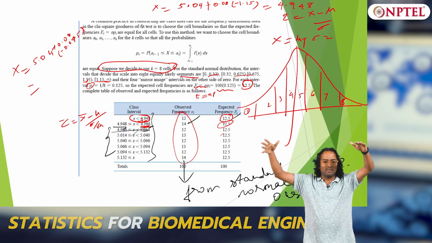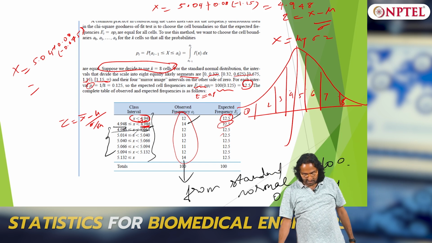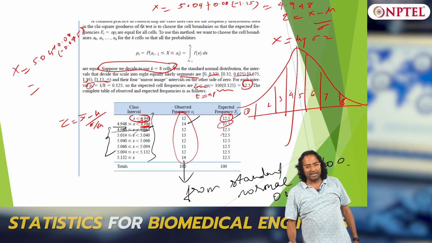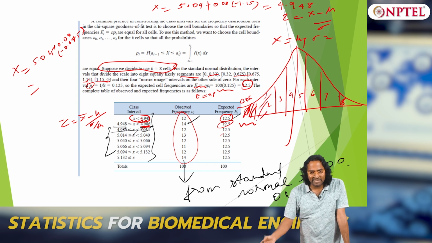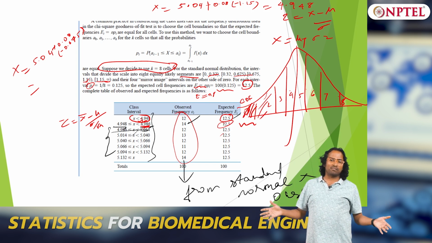You see what I mean? The mass, so that is what I said. So this is my entire PDF, right? So this is my CDF. If I sum this up to here, this is my CDF. This CDF and this second CDF should be same. Second CDF and third CDF should be same. Third and fourth, like that you divide it into 8 equal intervals.